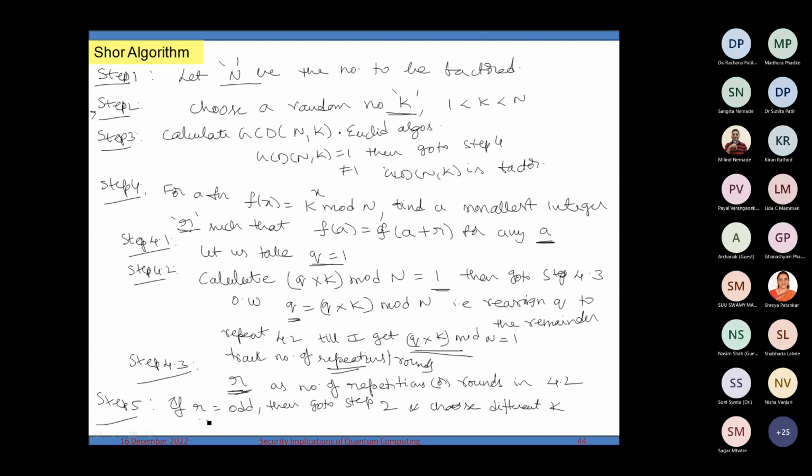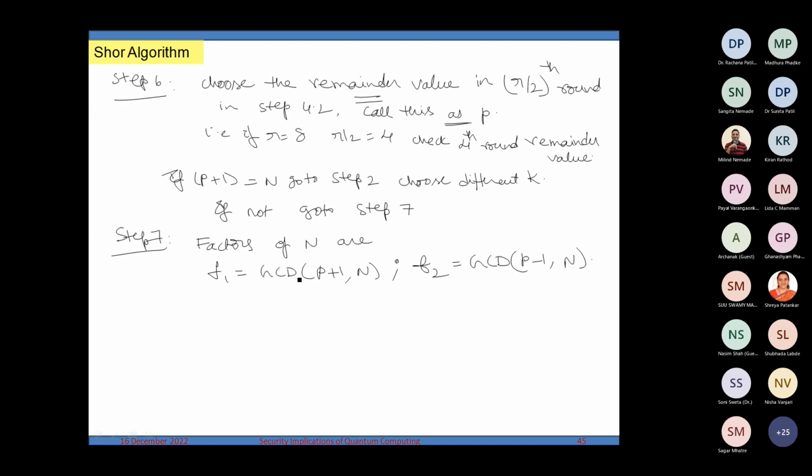If my r is odd, I go to step 2. If not, I will go to the next round. What is the next step? I choose the remainder value in the r by 2th round in my step 4.2. Remember, as I said, the value r should be an even number.